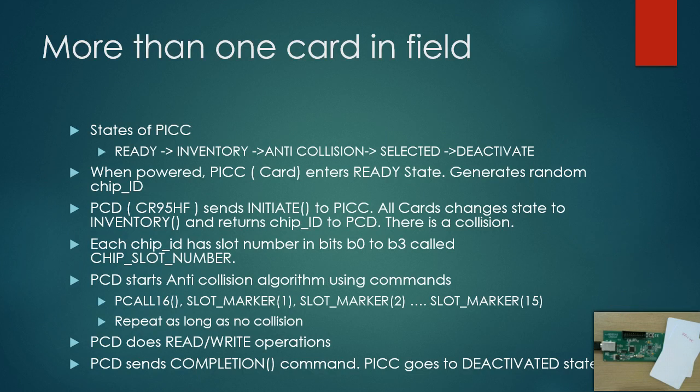You can still have a collision. So let's make it simple here. The PCD starts the anti-collision algorithm using the commands pcall16, slot marker 1, slot marker 2, up to slot marker 15. pcall16 is also the same as slot marker 0.